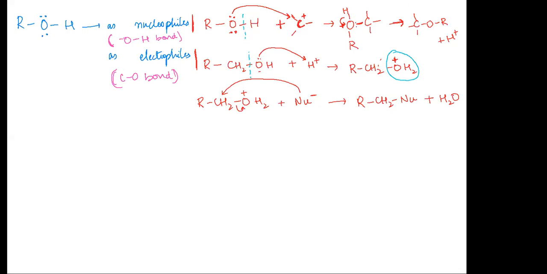Okay. Now, what are the specific sets of reactions that you can observe in each of these cases? So there's two major chemical properties when you look at alcohols behaving as nucleophiles. Okay. So first is their acidic nature, and the second is esterification reaction.